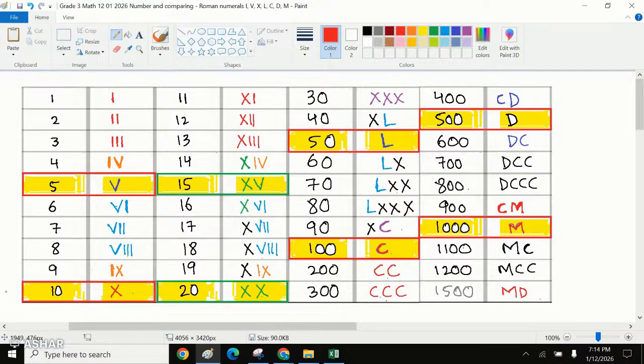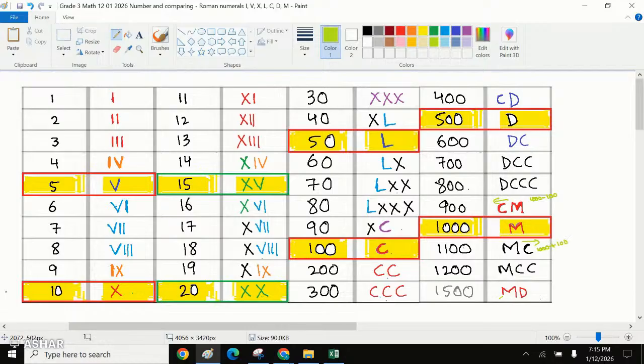That means if M was 1000, then CM would be 100 less than 1000. And MC would be, because this C is coming before M, this is coming after. That means this is 1000 minus 100, and this is 1000 plus 100.